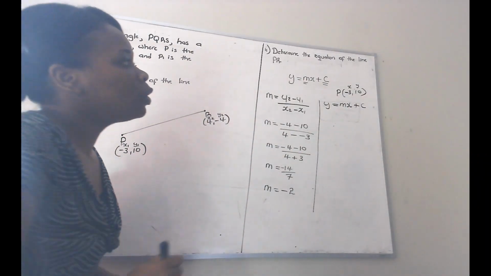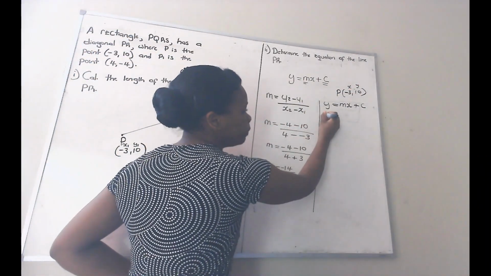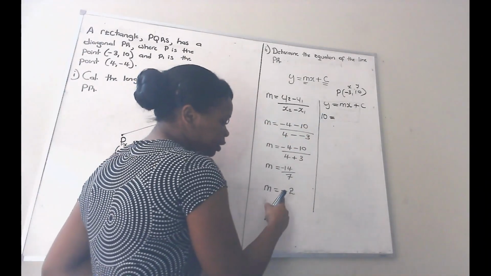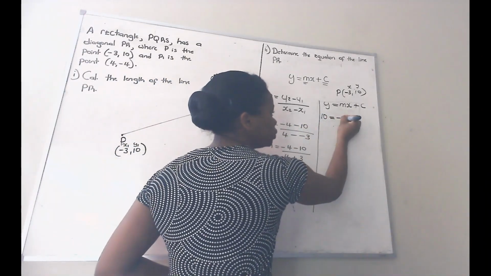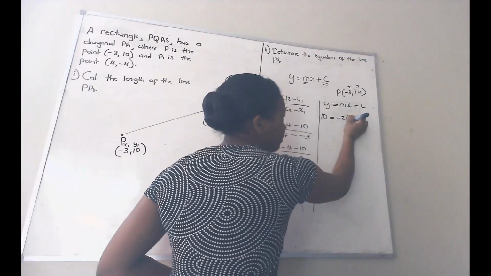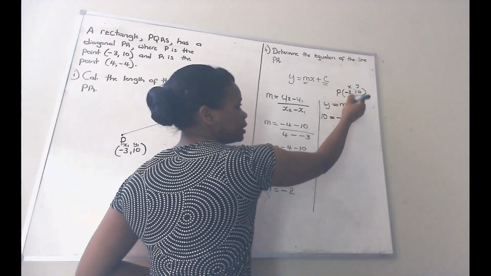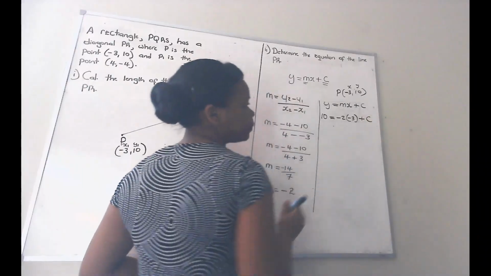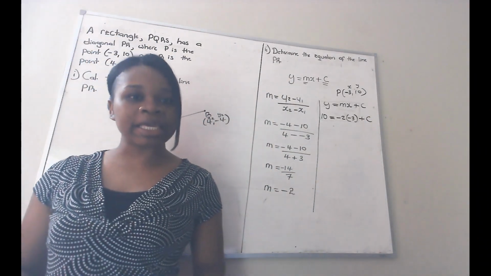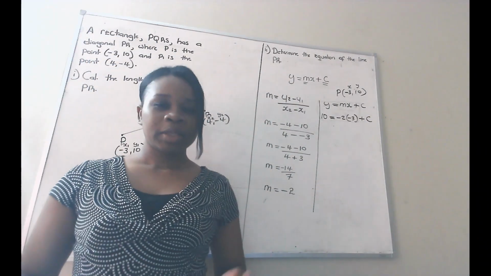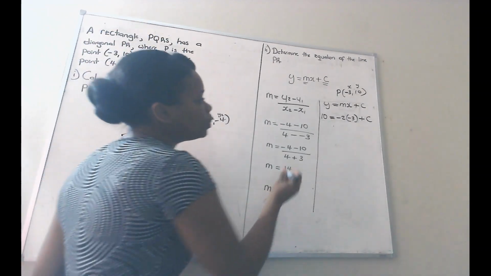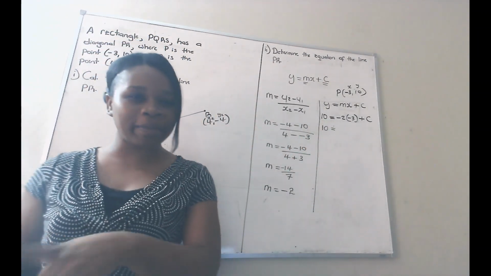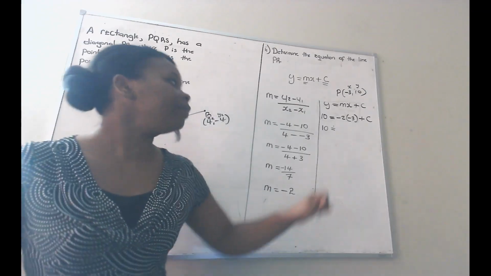So let's go. So y, we're going to put 10, is equal to m, which is the gradient, minus 2, times x. X is minus 3, plus c, because c is what we're finding. So let's go ahead and work this out. 10 is equal to, remember the chart, look back at the chart that I gave you earlier.